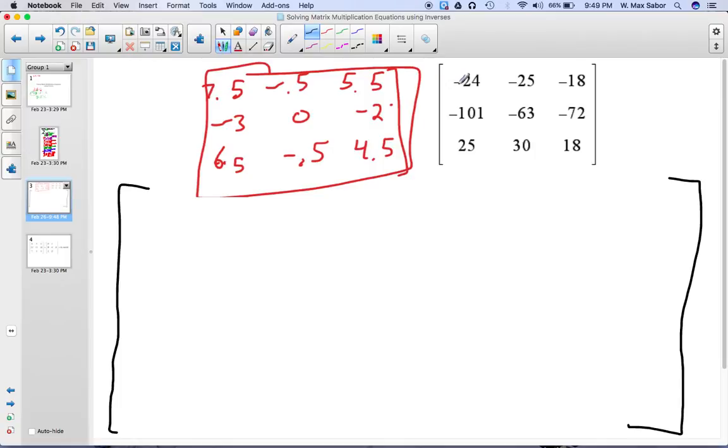7.5 times negative 24 is negative 15 times 20, times 12, which is negative 180. We're doing negative 0.5 times negative 101. That's going to be 50.5. And we're doing 5.5 times 25. That's going to be 127.5.